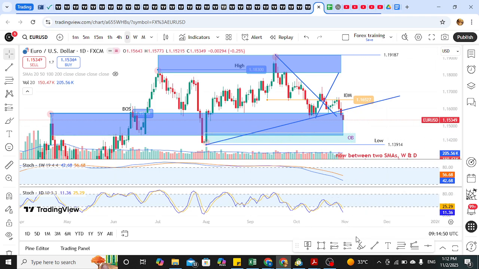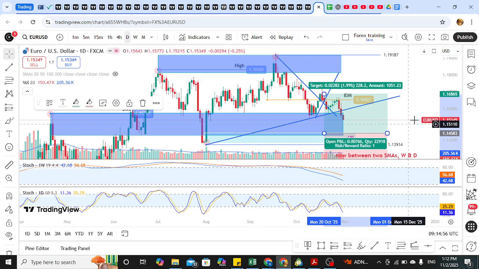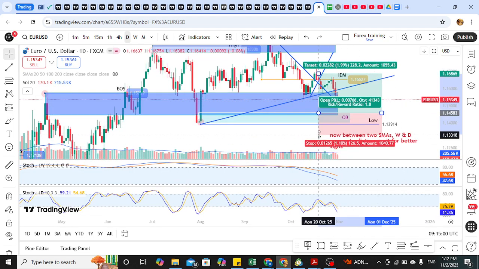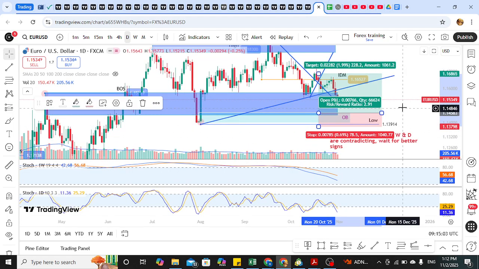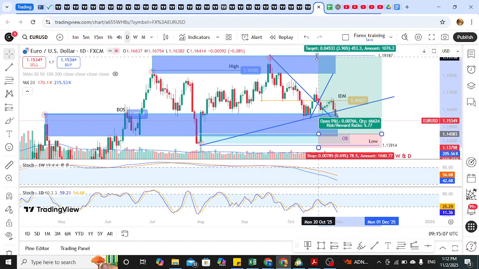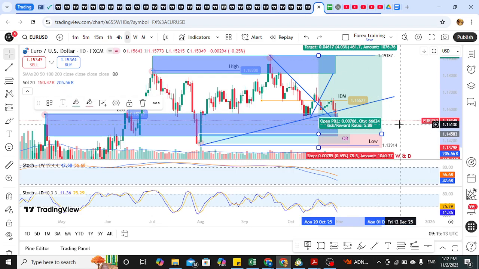Because let's look at this example. And if we just put a buy order here, okay. So look at this. This is a 5.88 RRR.